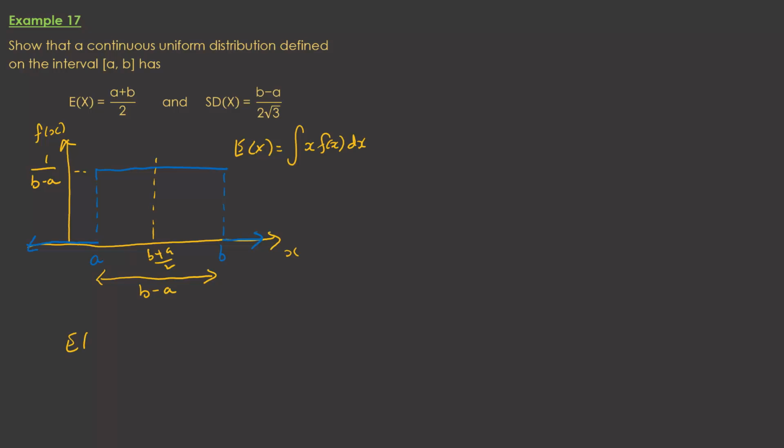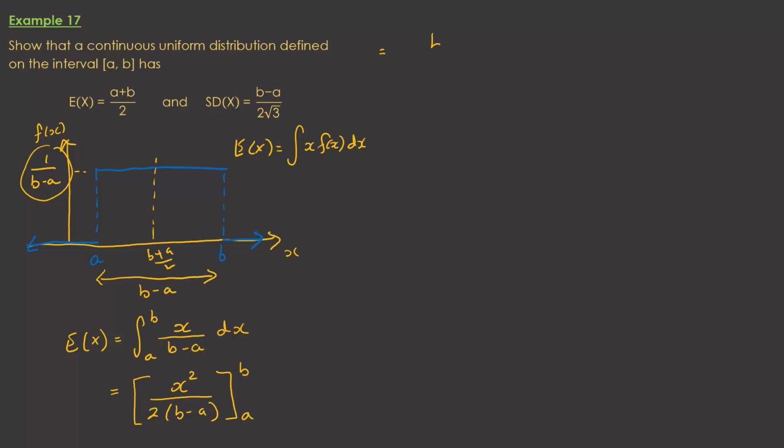So the expectation of x is going to be the integral from a to b of x times f of x, which is going to be 1 over b minus a. So that gives us x over (b − a) dx. So that's going to be x squared over 2(b − a) to be evaluated from a to b.